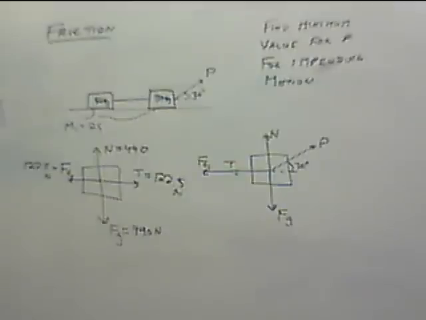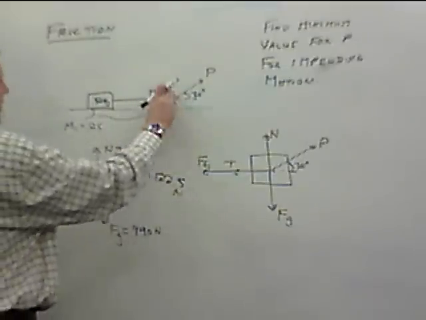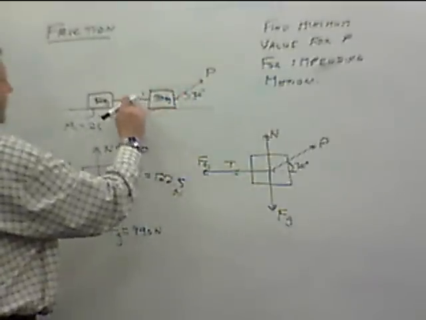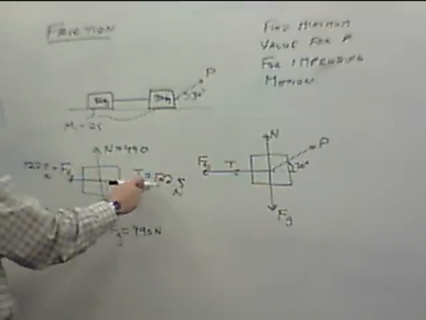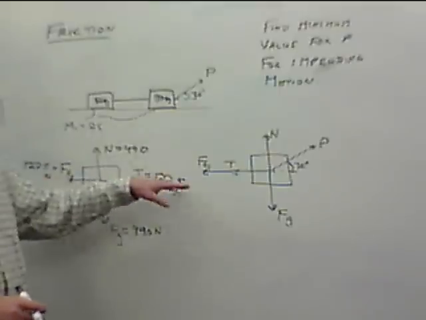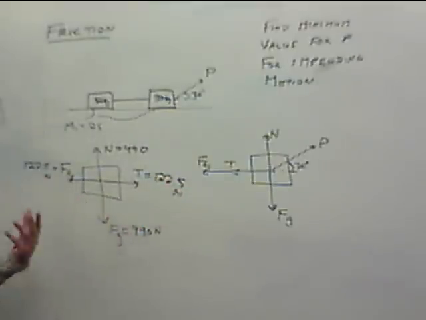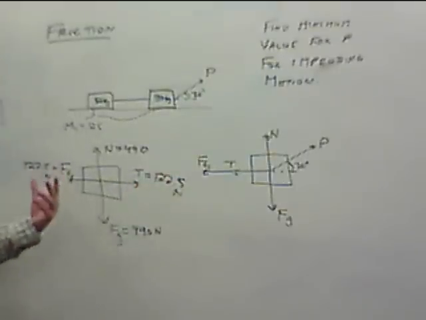The idea here is we're pulling on this block, which pulls on this cord, which pulls on this block. This block, if we pull 122.5, friction maxes out at 122.5. If we pull it less than 122.5, that's what friction will act as. If this tension is 80 newtons, friction will be 80 to cancel it out.